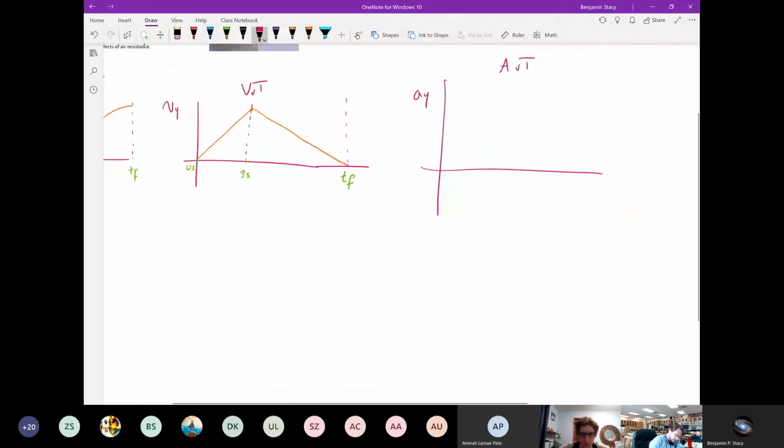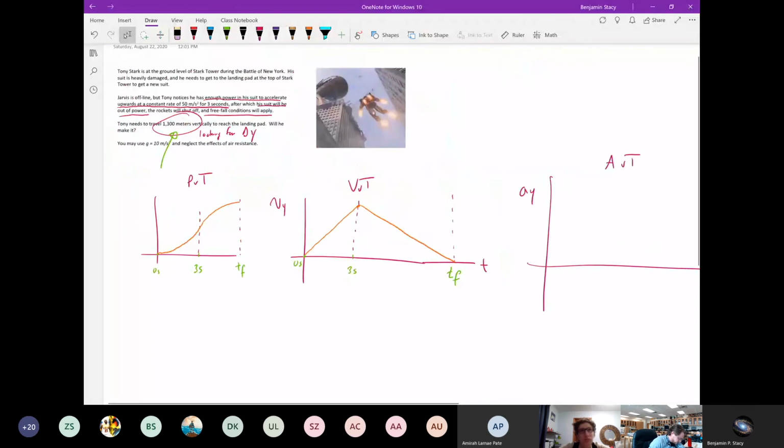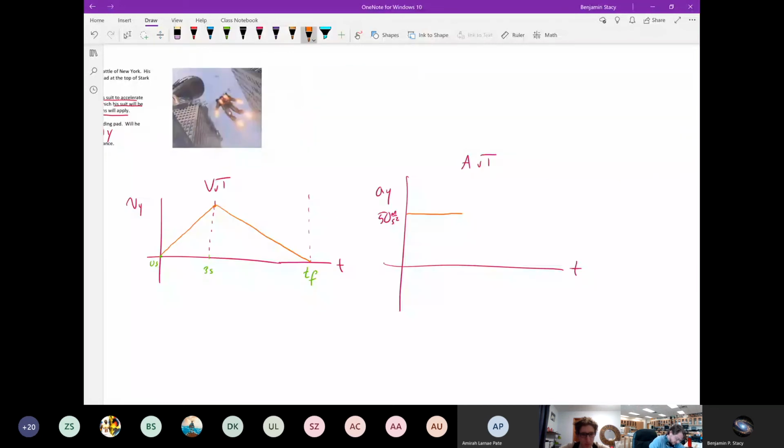What would the acceleration look like here? We had given in the problem, he accelerates upwards at 50 meters per second squared for 3 seconds. So I got my 50 meters per second squared for the first 3 seconds. Sometimes it can be good to start with the acceleration graph.